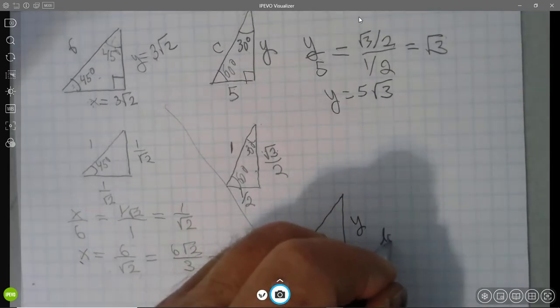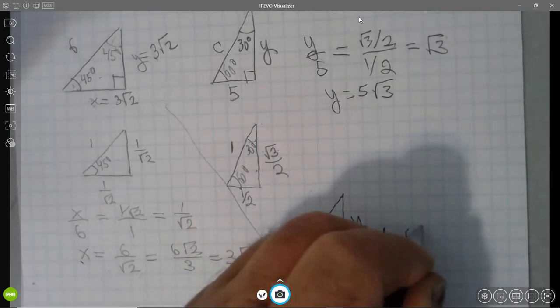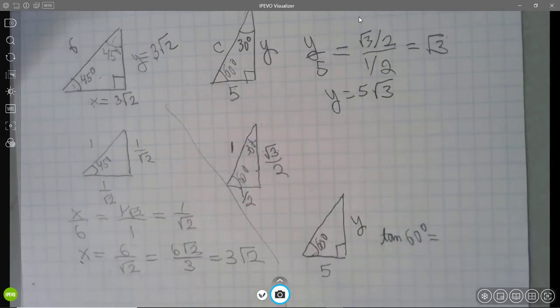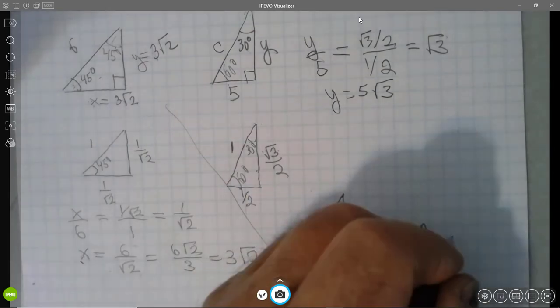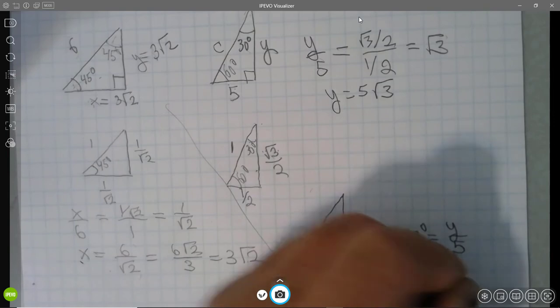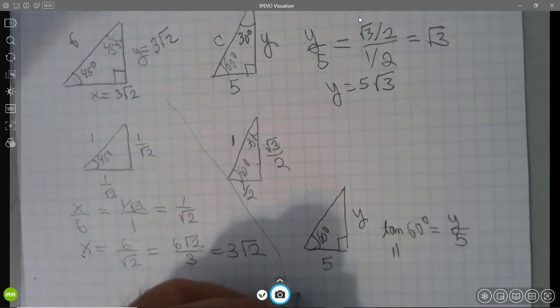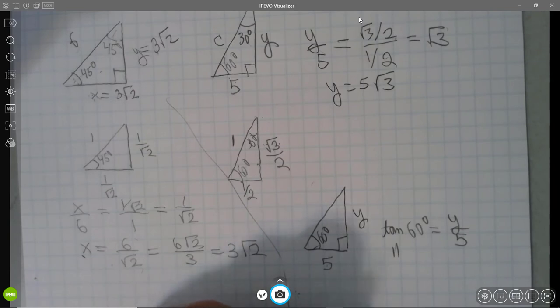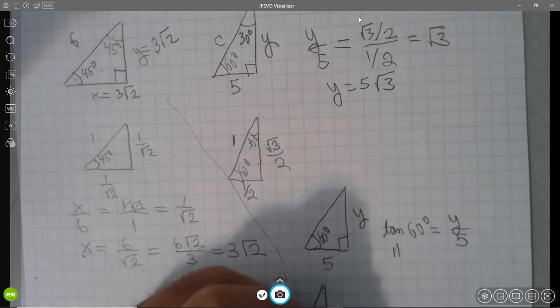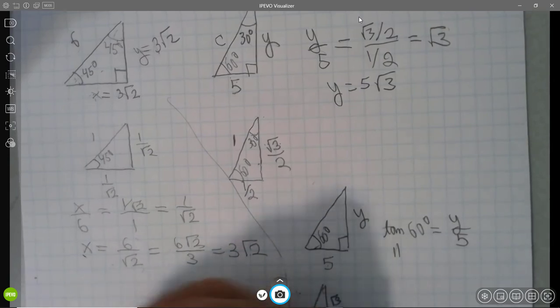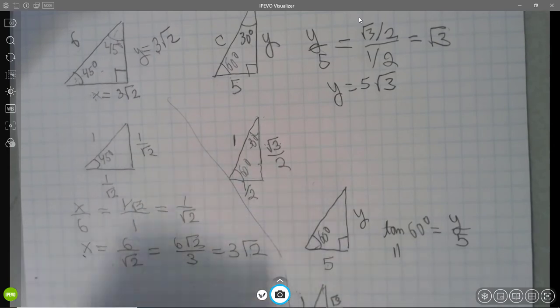So the tangent of 60 degrees is equal to the opposite over the adjacent, y over 5, and we could also figure out the tangent of 60 degrees. Well, that comes from a 30, 60, 90 right triangle, which is this.